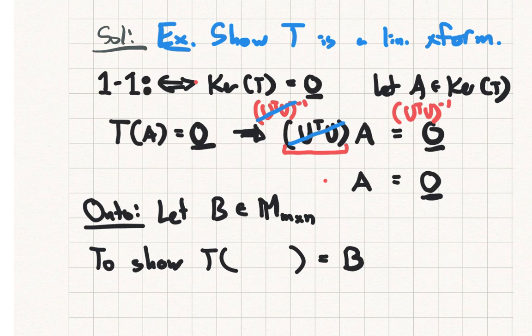Okay, if you need a hint, remember again that we picked U to be invertible. That's the thing with this linear transformation, that it multiplies by U transpose U, where U is an invertible matrix. The determinant isn't 0. So think about if there is a way that you can have some sort of an expression involving B where the U transpose U is going to get canceled out.